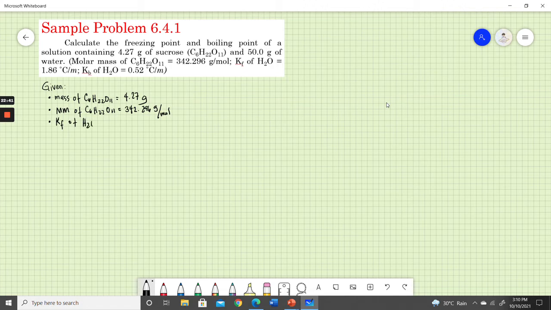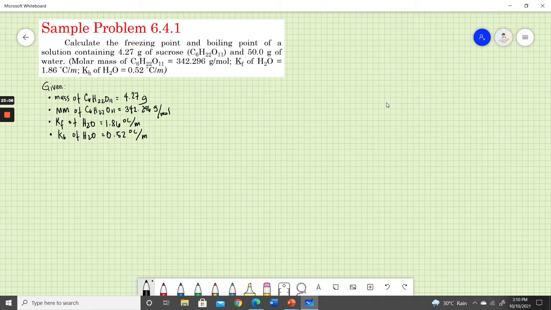Your solvent is H2O, equal to 1.86 degrees Celsius per molal. And the boiling point elevation constant of your solvent, or in this case the water, is 0.52 degrees Celsius per molal.